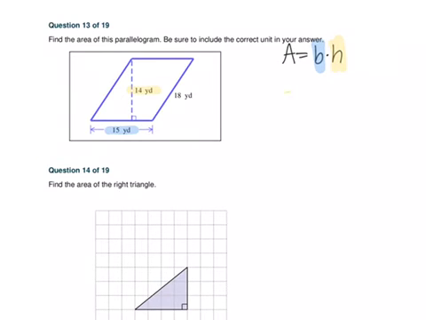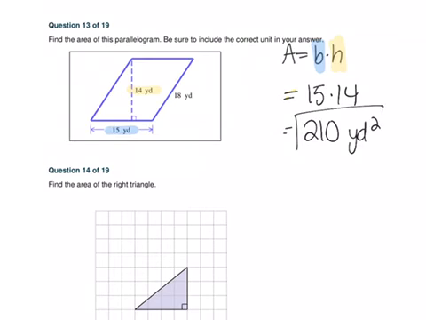So the area is 15 times 14, which is 210. And whenever we're talking about area, it's yards squared, so we add the yards squared onto it. All right, so that's the area of that parallelogram.